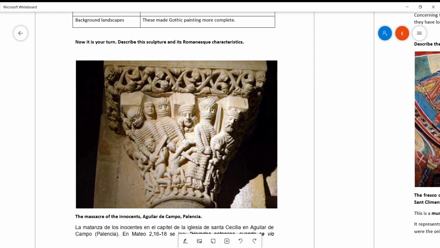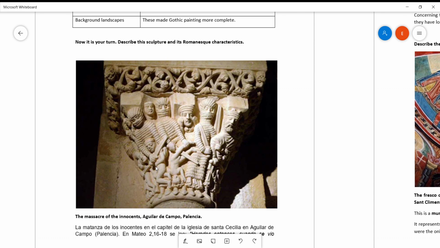Well, you always have to say that these sculptures were painted in bright colors, even though now, after 1,000 years, we see that they don't have any color, but they were painted in bright colors.